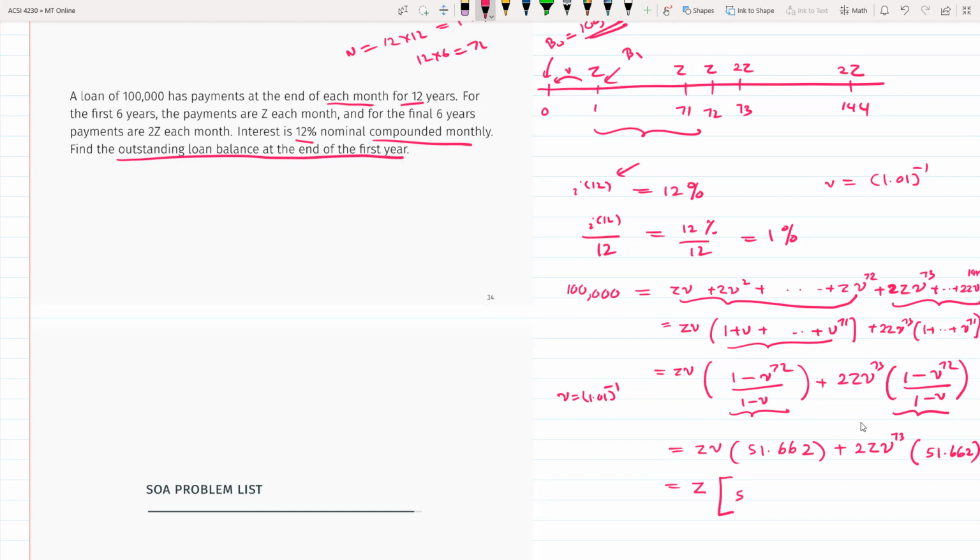Here I get 51.15039, plus 2 times 1.01 to the power negative 73 times 49.973531, and I add those two.